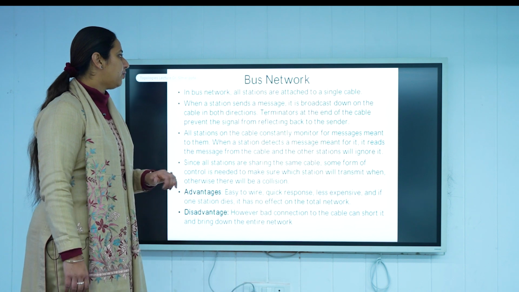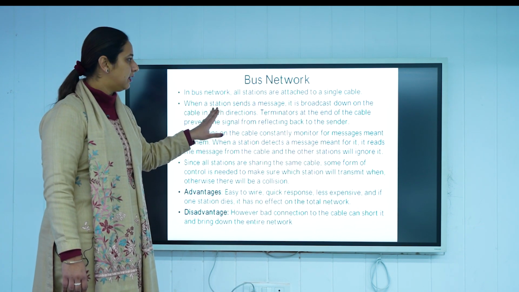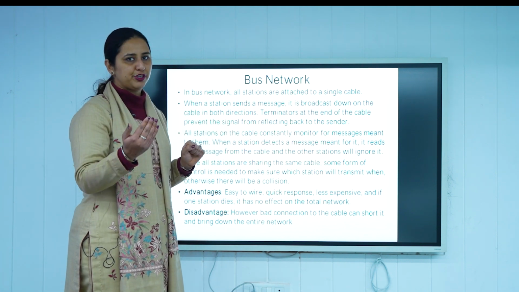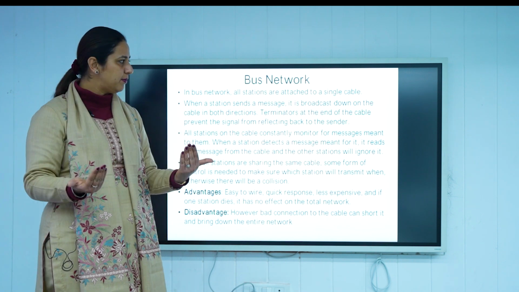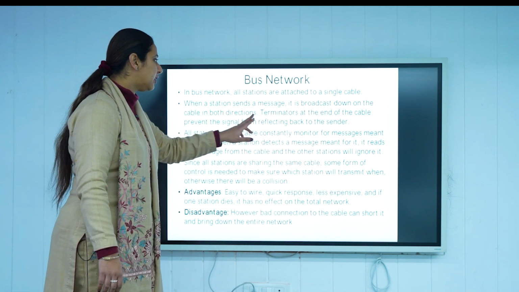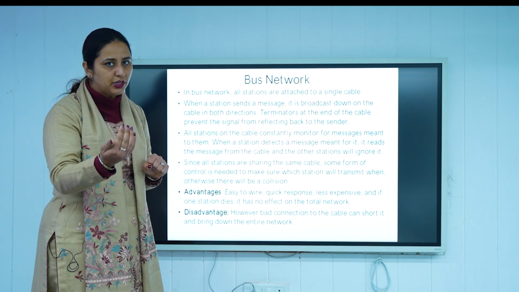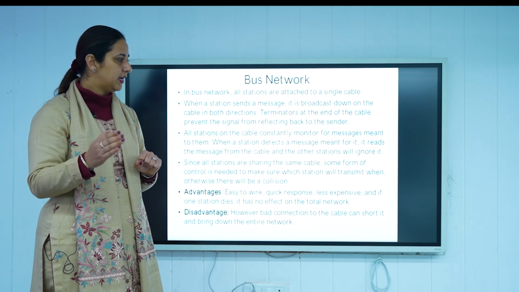All the stations in bus topology are connected to a single cable, as I've told you. When a station is sending information through the cable, the information is being broadcast. The terminators at the end of the cable will prevent the signal from bouncing back to the sender.